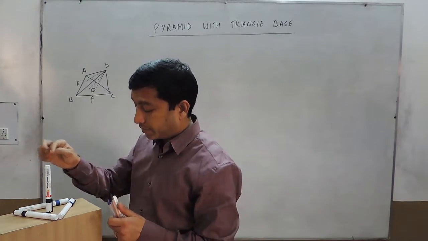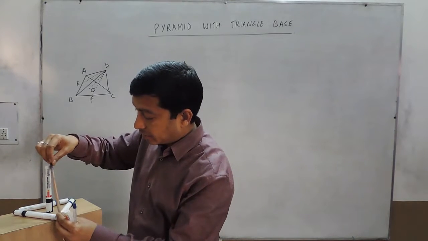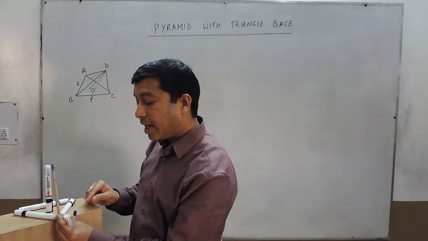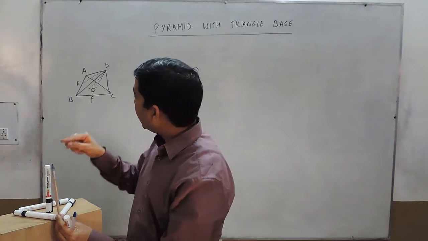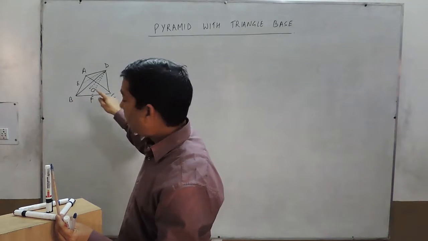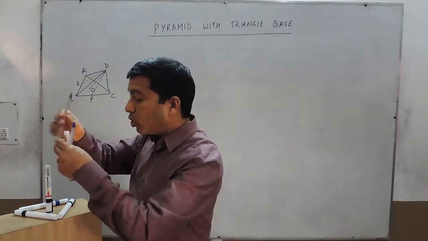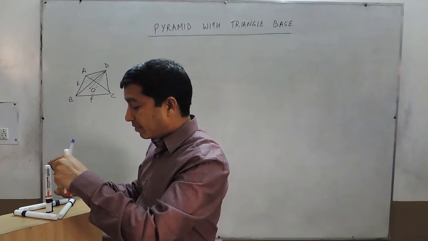If from this point we connect a side, then this is known as the slant height at the vertex. In this diagram, the slant height at the vertex is given as DB. It can be equal to DA as well, or it can be equal to DC.